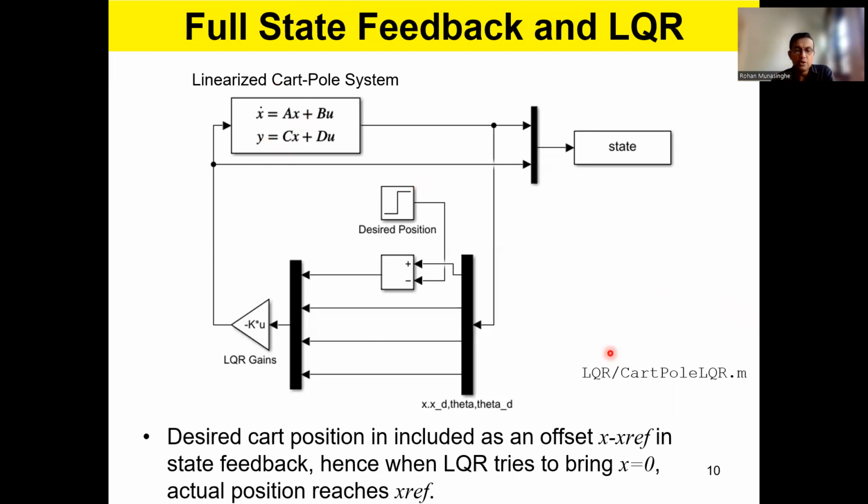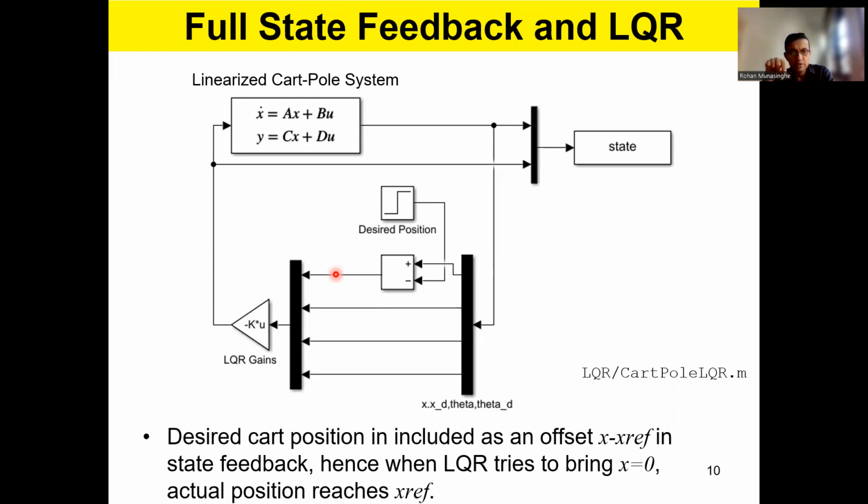And I also want to tell you about this little distortion here. The first state variable is actually the position of the cart. Now, both of these controllers, state feedback control or LQR, are regulator type. Regulator type means they try to bring the state variables to 0.